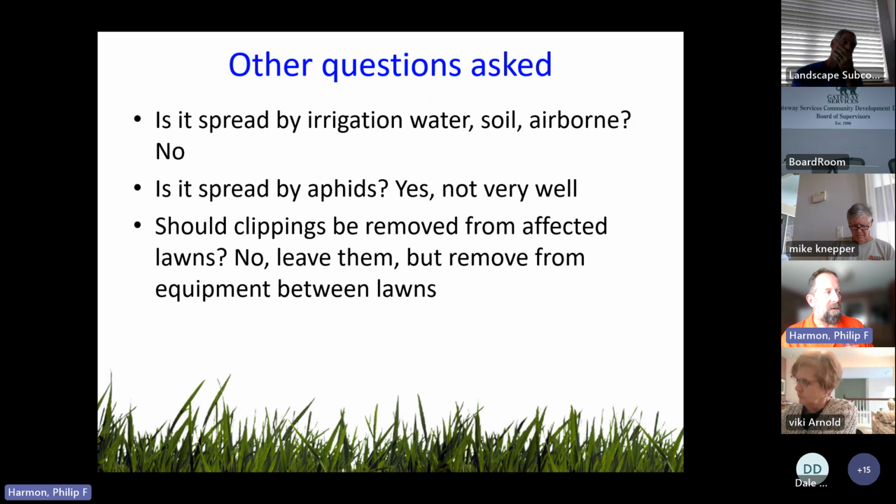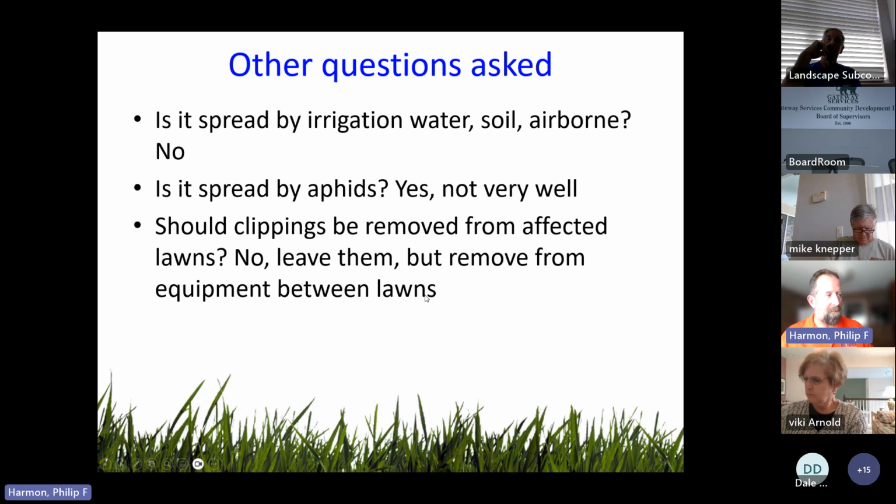I get questions about whether clippings should be removed. If we know we have the virus, should we remove the clippings from the lawn and remove them off-site and mulch them or destroy them? And no, the IFAS recommendations are to return clippings to lawns for the organic matter and allow them to break down naturally. Same thing applies here, whether the lawn is virus affected or not. We do want to remove clippings from equipment between lawns, in particular between sections of communities and sections of lawns that have the virus versus that don't.